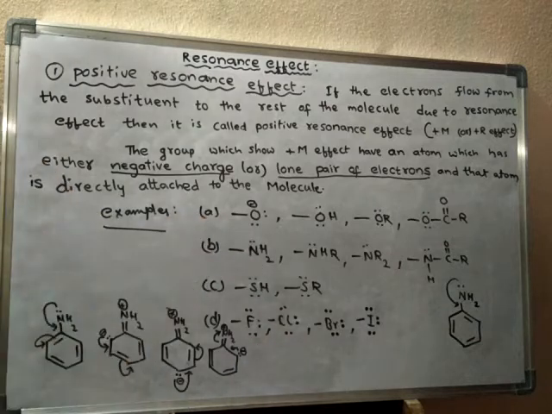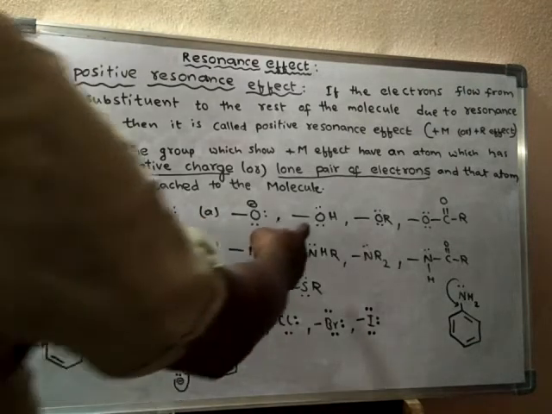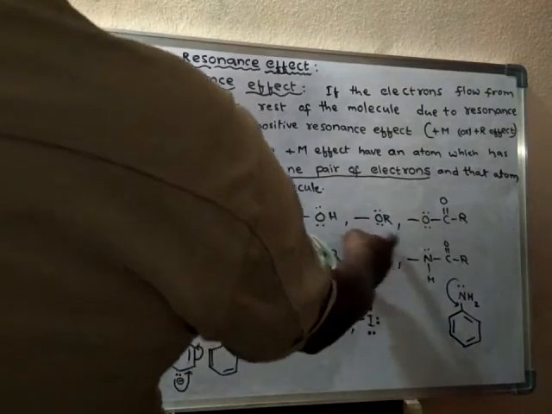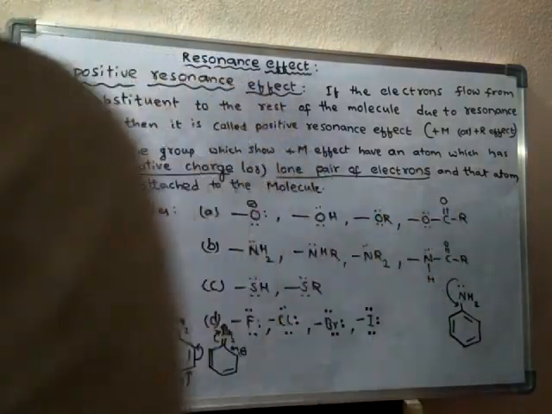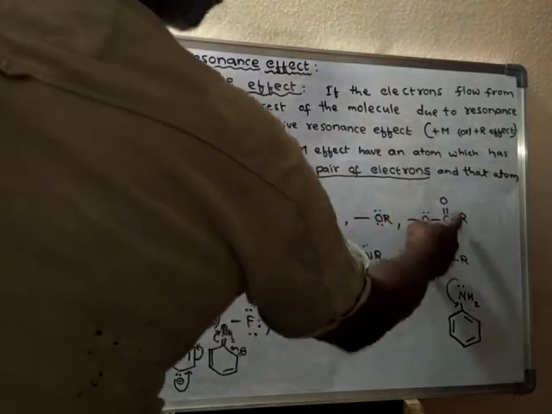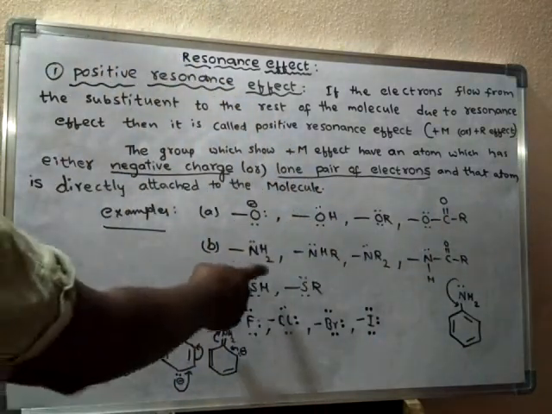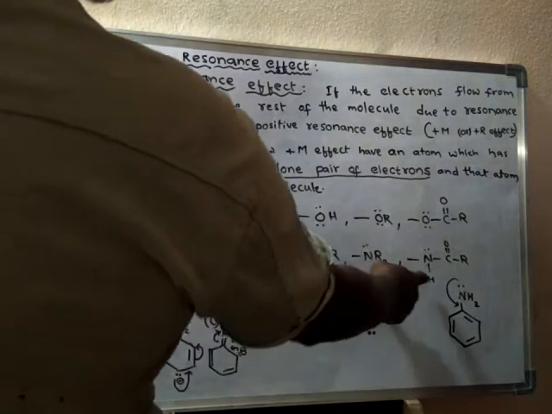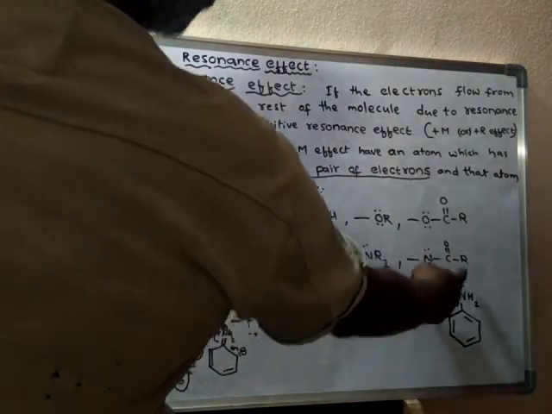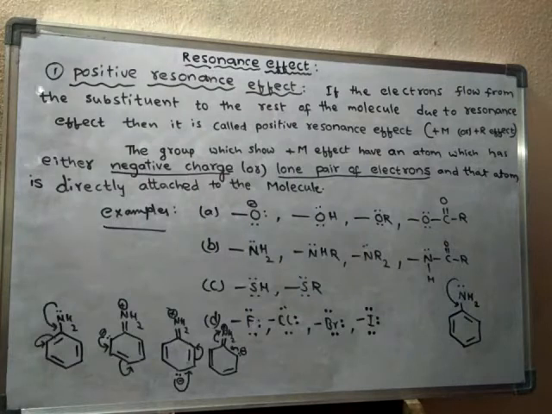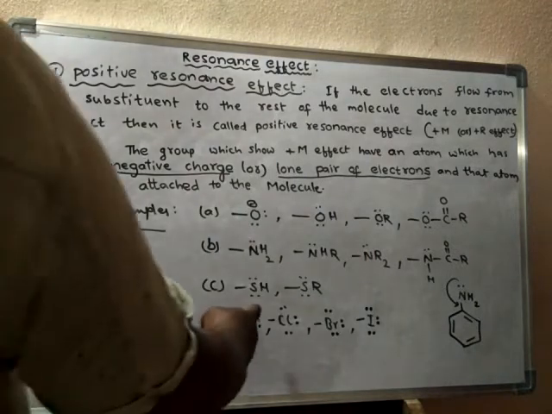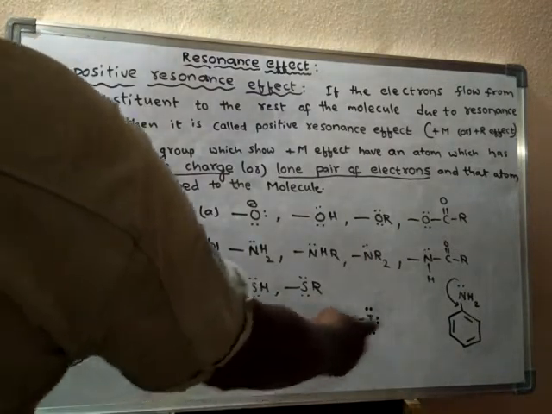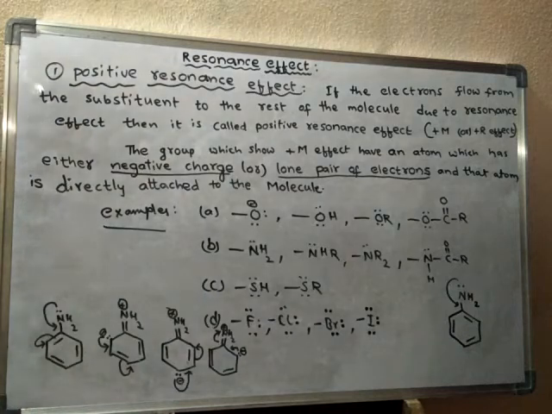This particular atom will show plus R or plus M effect, and so do the OH group, OR group, ester group RCOO, NH2 amine group, NHR, NR2, and the amide group RCONH. These groups show positive resonance effect.